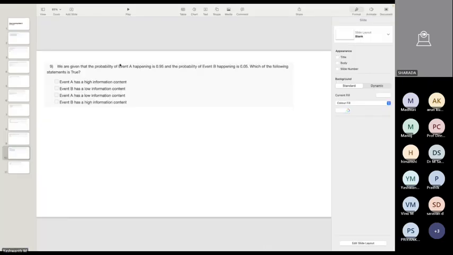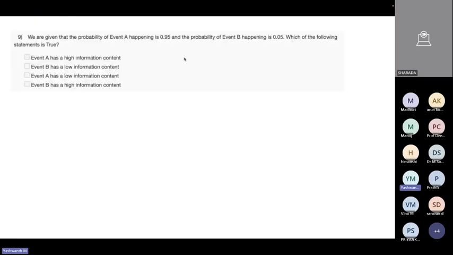Information is defined as negative log probability. So whenever there is a lower probability of an event happening, you have high information. So event B has high information, event A has low information. Clear? Yes, sir.